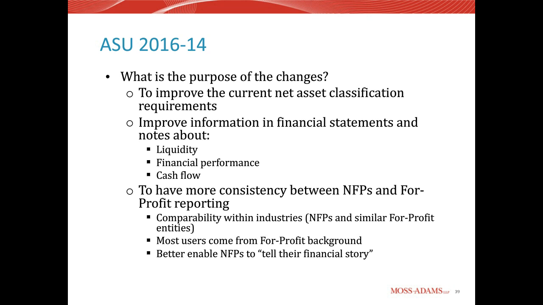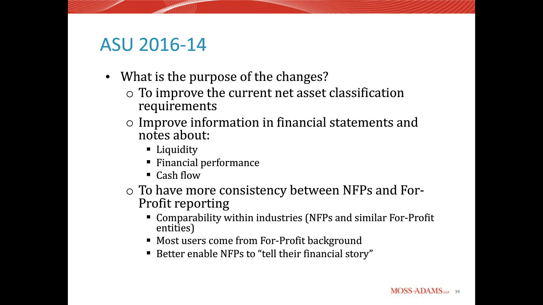And so to accomplish some of these goals, some of the things that were done was to improve the current net asset classification requirements, which we will touch on the next slide, improve information in financial statements and notes specific to liquidity, cash flow, and financial performance. And as I mentioned previously, to have more consistency between the not-for-profit and for-profit external and internal reporting.